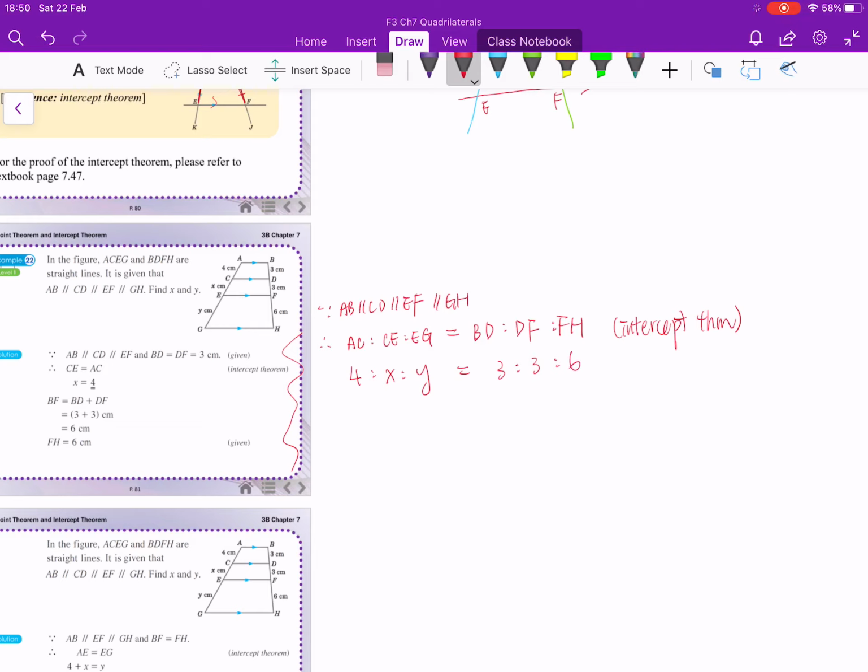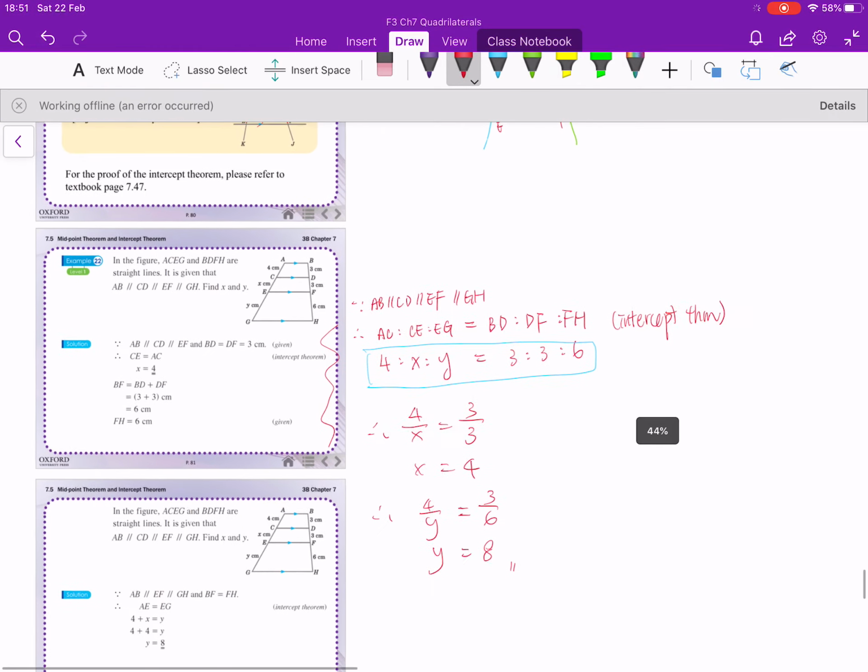By comparing these three-term ratios, 4 to X equals 3 over 3, the first two terms, so X equals 4. Comparing the first term and the third term, 4 to Y equals 3 to 6, meaning 1 to 2, so Y equals 8. No units for X and Y. So I will finish in this way.